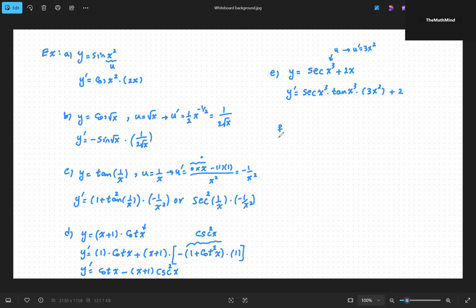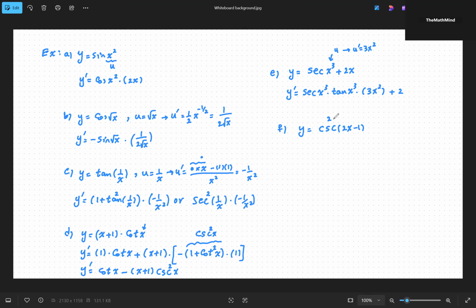And then another example for cosecant, for example, we have cosecant squared of 2x minus 1. Okay, what do you have here?